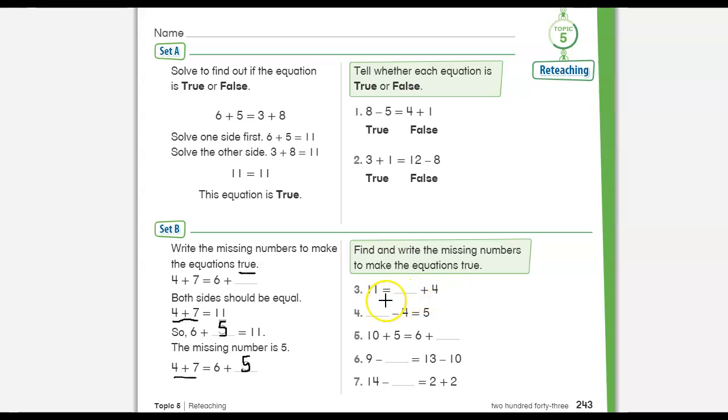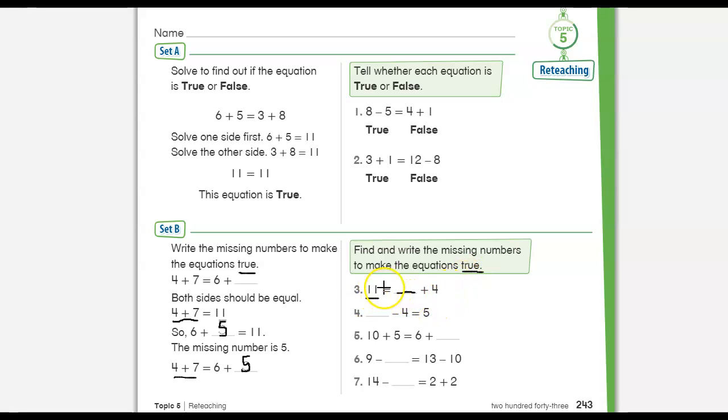So on number 3, we see 11 equals blank plus 4. So just like we saw in our example, this side of the equation is equal to 11. So the missing number plus 4 must also equal 11 because we want to make these equations true.